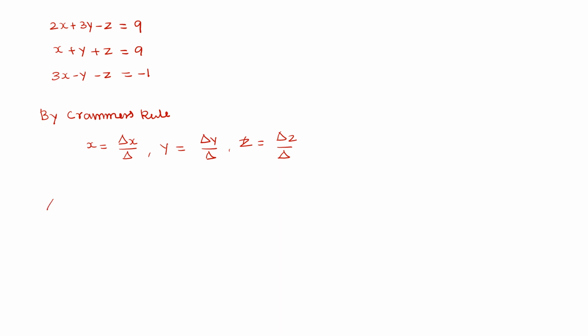What is delta? Delta is the determinant of the coefficient matrix. So simply we write delta means the determinant of A.